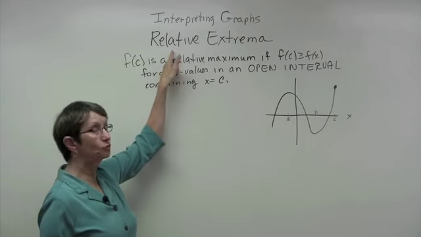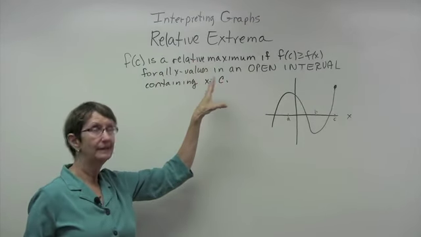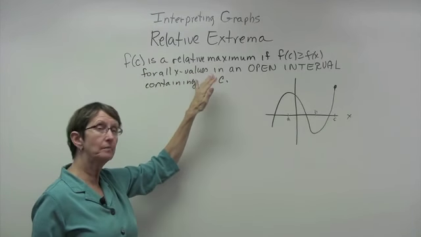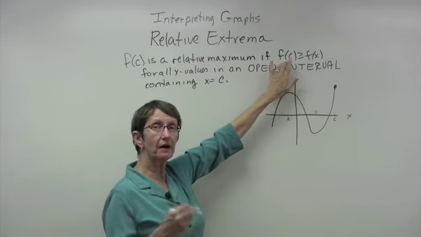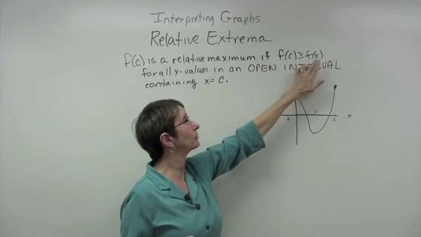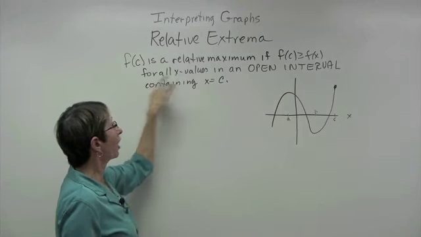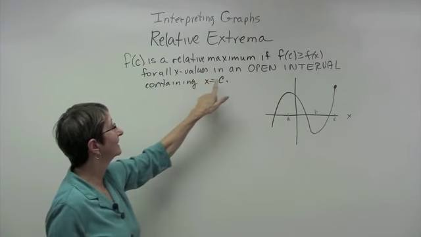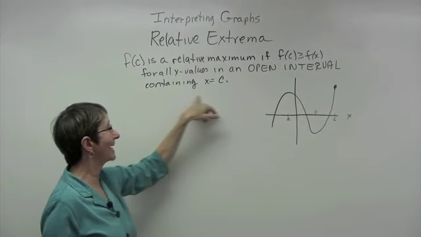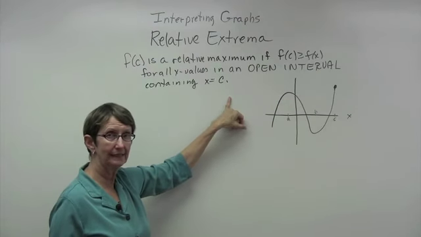Here we want to look at relative extrema. And f of c is a relative maximum if f of c, the y value for the function, is greater than or equal to f of x for all x values in an open interval containing x equal to c.